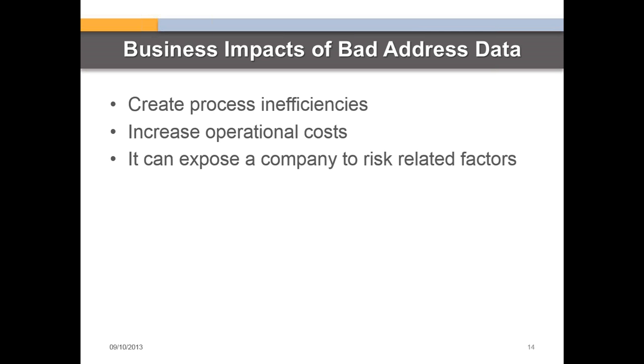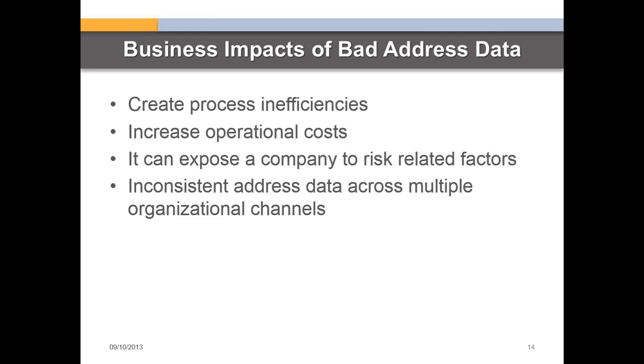It can expose your organization to risk-related factors. If you don't know where that address is placed, it could be in a high-risk area. You also want to make sure that the address is real so that you have flags and indicators to verify that the address is valid. You can create inconsistent duplicate address information across multiple organizations.